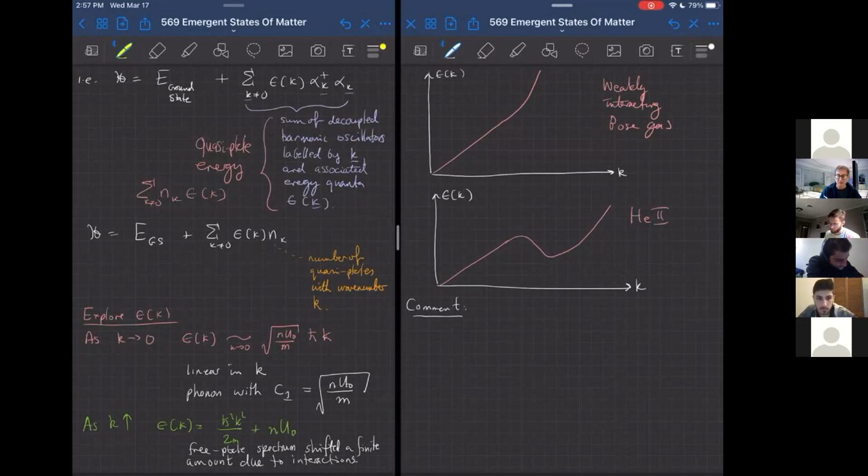everything, if you look at the ground state energy, you look at the quasi-particle energy, everything depends upon U naught. And so everything that you're seeing here is a result of the interactions of the particles. And because we're making a linear sum over K of all these particles, what we are literally summing over is the behavior of all the particles in the system.